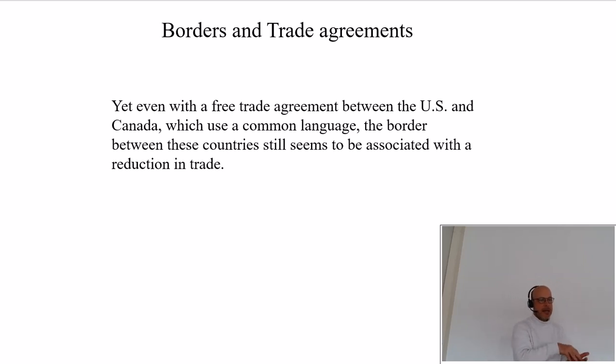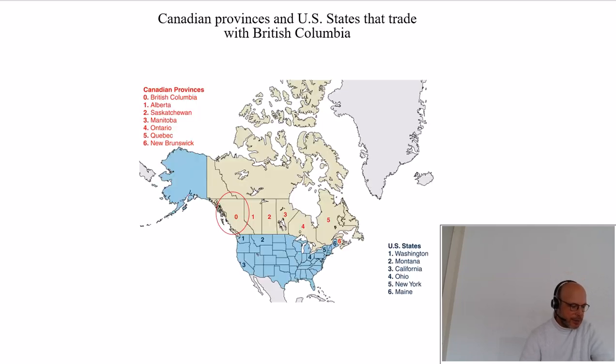Can I look for data where more or less 4 of these dimensions are the same and only one, this border dimension, is changed? And this was done by colleagues when they looked at the trade of the states of the United States and the provinces of Canada. How do they trade with each other?